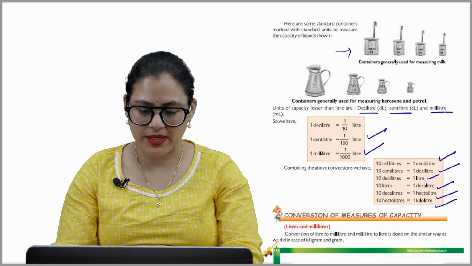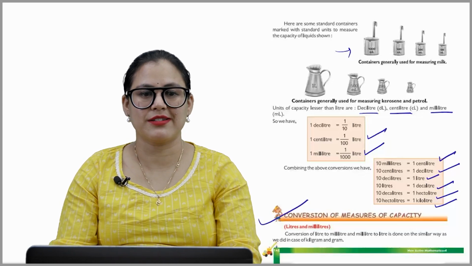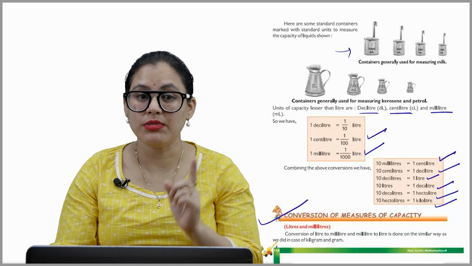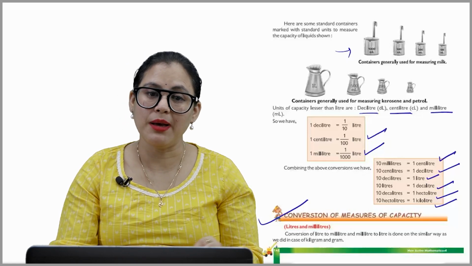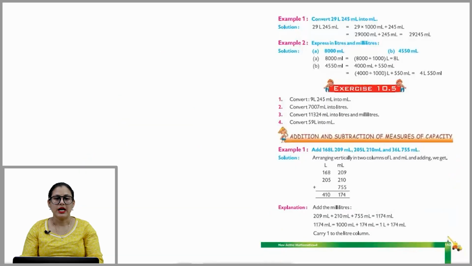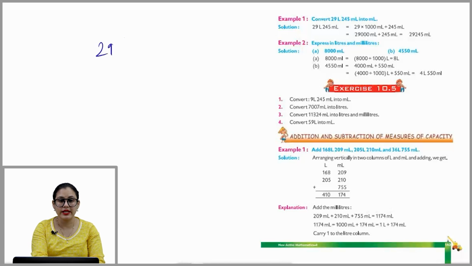Conversion of measures of capacity, liters and milliliters. Conversion of liters to milliliter and milliliter to liter is done in a similar way as we did in the case of kilogram and gram. Okay. Example: convert 29 liter 245 milliliter into milliliter. So you have 29 liter 245 milliliter, you have to convert it into milliliter.